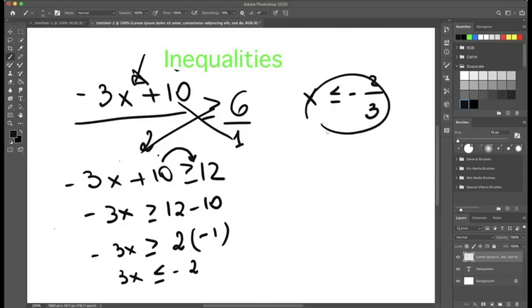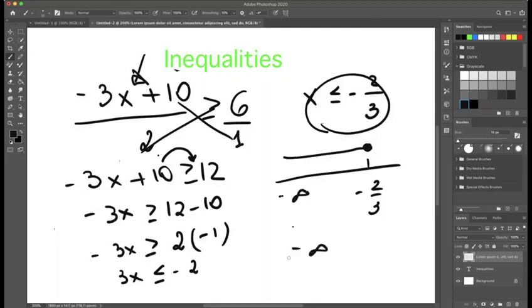So the final answer: from negative 2 over 3, closed interval, it means a colored circle, up to negative infinity. The interval will be from negative infinity up to negative 2 over 3, and it is included, so it is a square bracket.